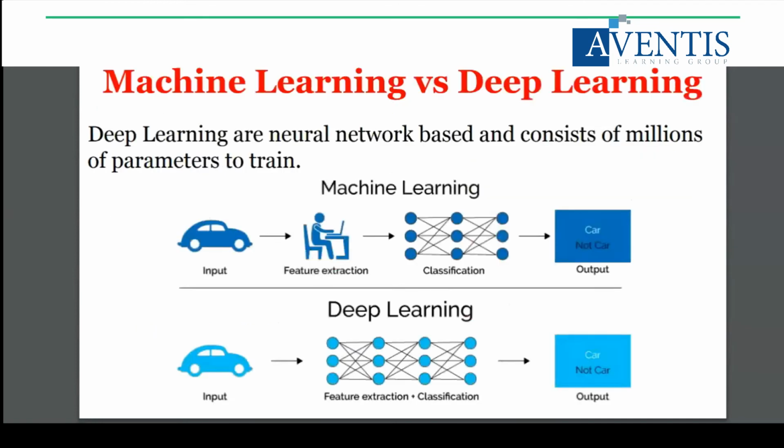At this point, deep learning comes. Deep learning is nothing but a special kind of machine learning model which is neural network based. The main difference between machine learning and deep learning is this: say you want to build a model based on machine learning. First, you collect your data, which means your input, and you do whatever you want to understand or explore the data.